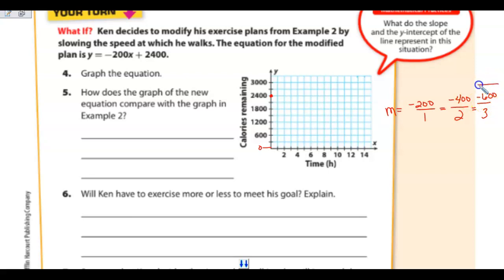So this is the one that I'm going to use for graphing. So I'm going to come down 600 and go over 3. 1, 2, 3. Down 600, so 300, 600, and go 1, 2, 3. Again 300, 600, 1, 2, 3. And so this is our new line.